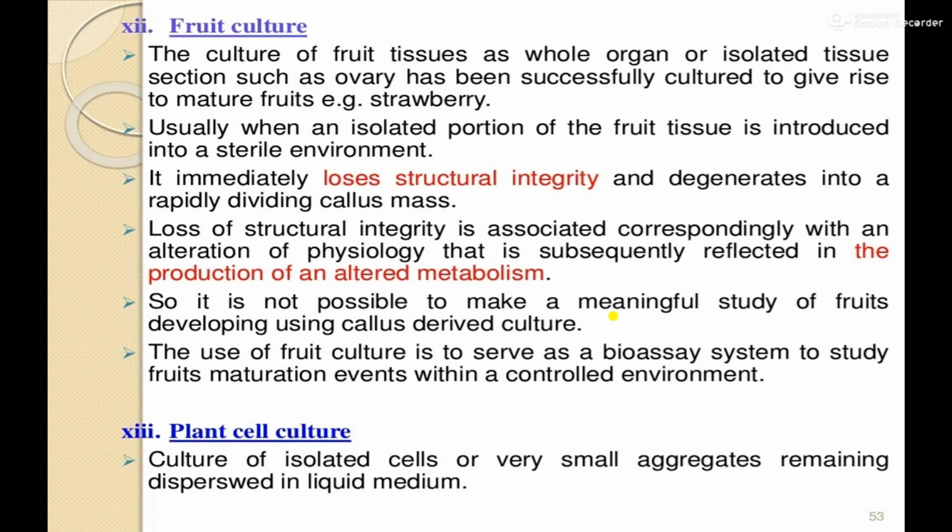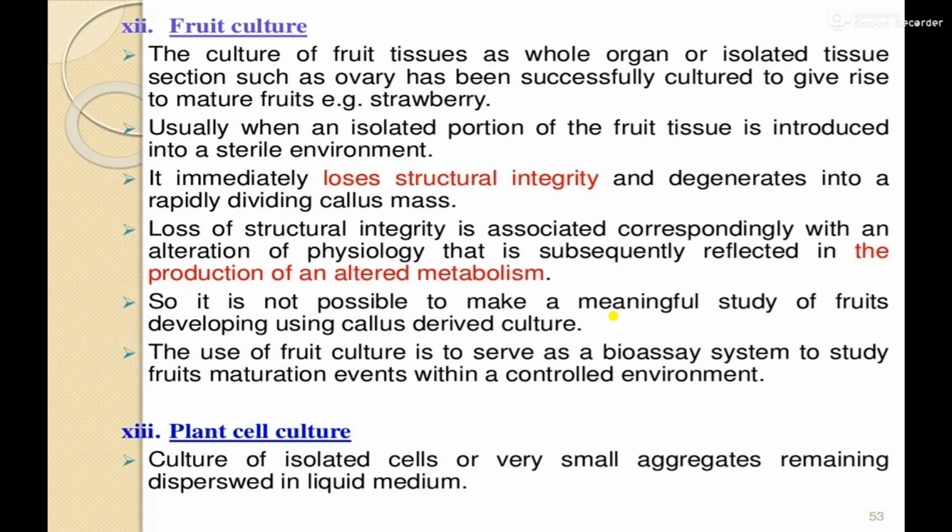Usually when an isolated portion of the fruit tissue is introduced into a sterile environment, it immediately loses structural integrity and degenerates into a rapidly dividing callus mass. Loss of structural integrity is associated with an alteration of physiology that is subsequently reflected in an altered metabolism. So it is not possible to make a meaningful study of fruit development using callus derived culture.